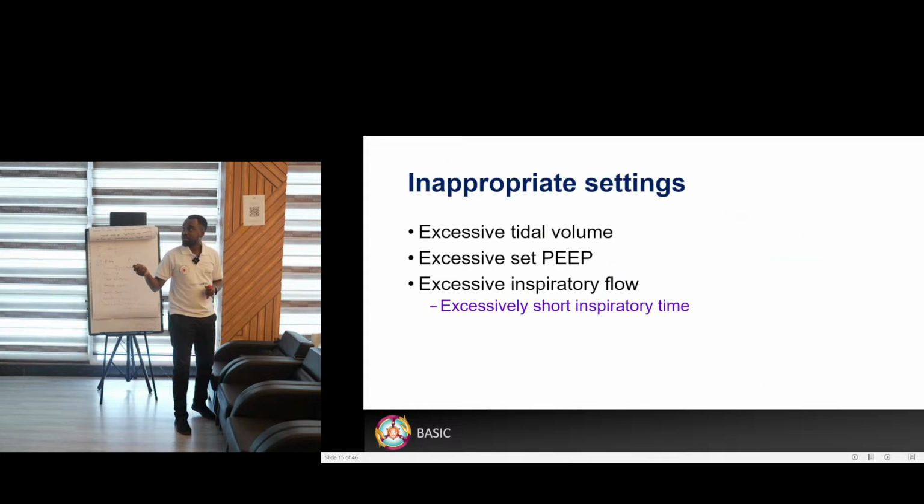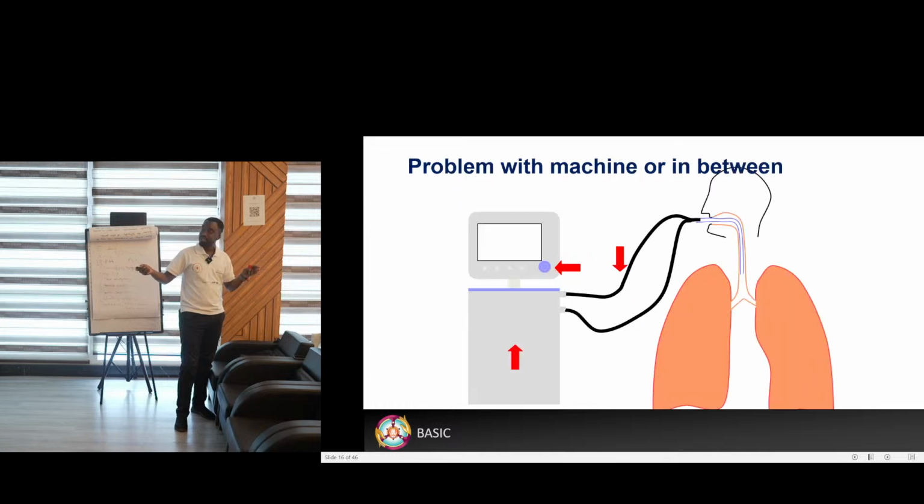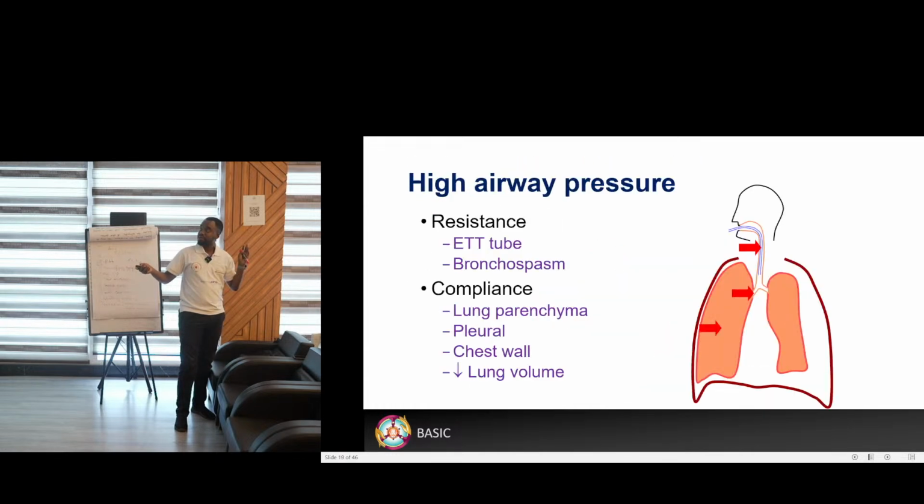So we have talked about inappropriate settings. You all remember the first, the resistive component: the tidal volume and the inspiratory time. We have talked about the resistance in the ET tube and the bronchospasm. We have also talked about the compliance. Could it be the patient, the chest wall, or the pleura, the pneumothorax from the scenario.